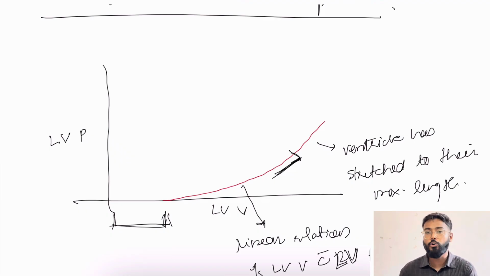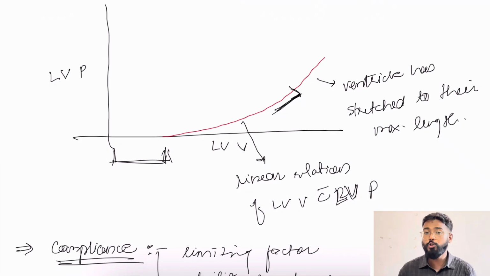Beyond that, they are not going to be able to extend further. But as the volume has increased further due to conservation of salt and water by kidneys, this excess volume that has come inside the left ventricle is going to increase the left ventricular pressure to a certain extent, and this increased pressure is going to cause congestion inside your pulmonary vasculature.